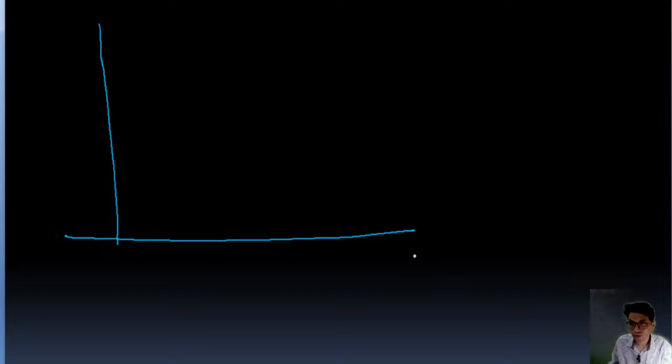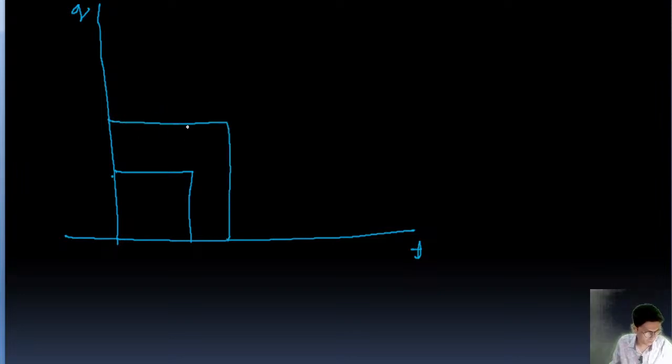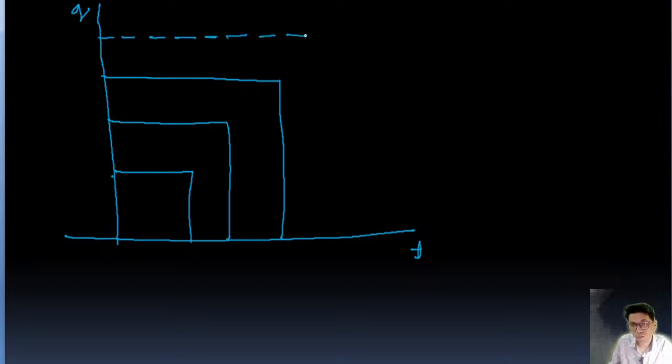This is T versus Q. This is 0.63 Q naught, and at this point also 0.63 Q naught.